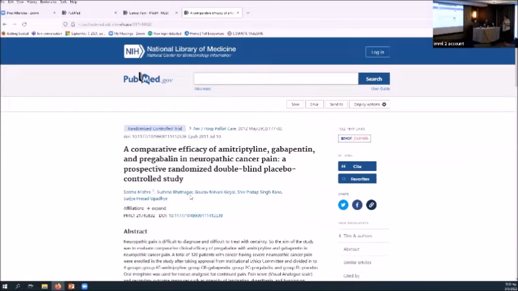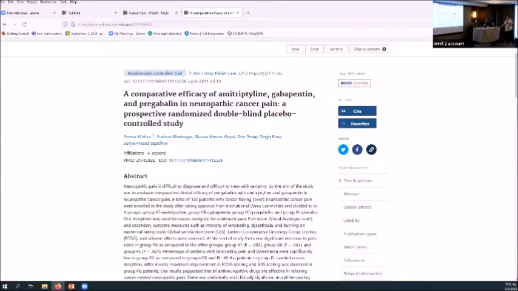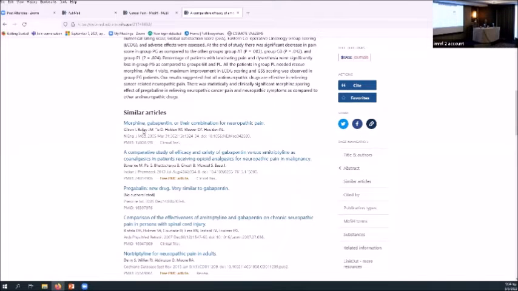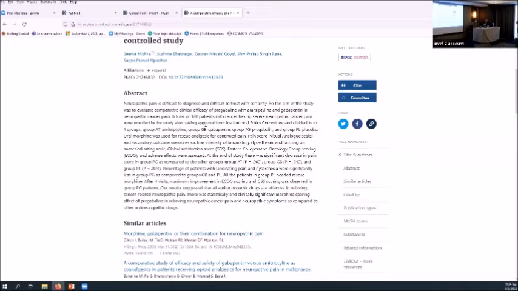We see the abstract, the full text, and the similar articles related to our topic.